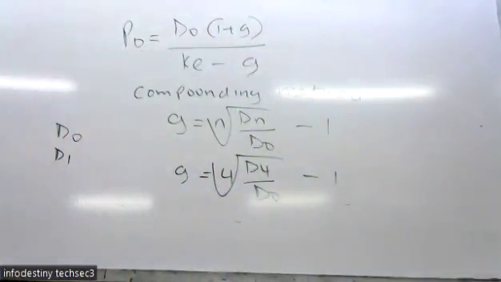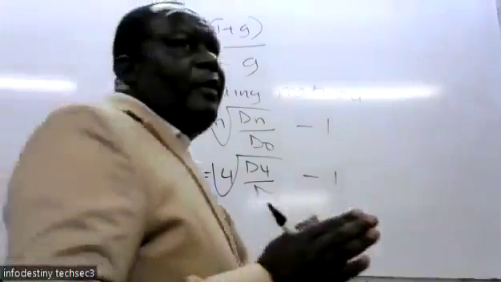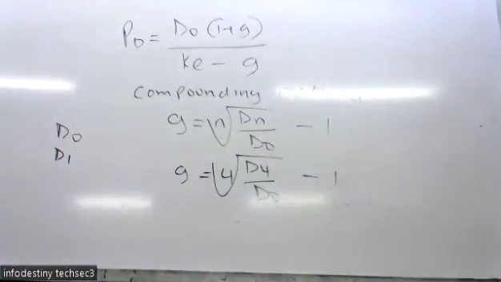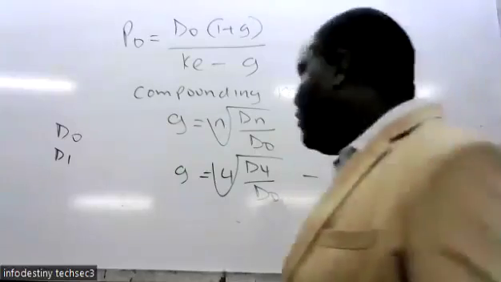So as per the arrangement, the first one is always period 0. Then D1, D2, D3, and D4. So that means n will be 4.